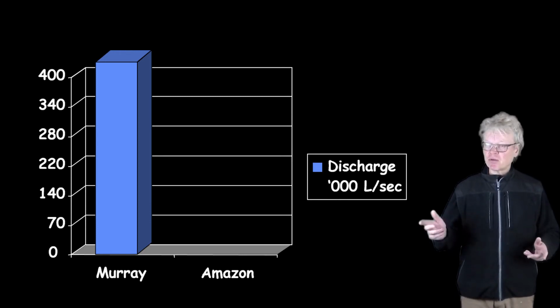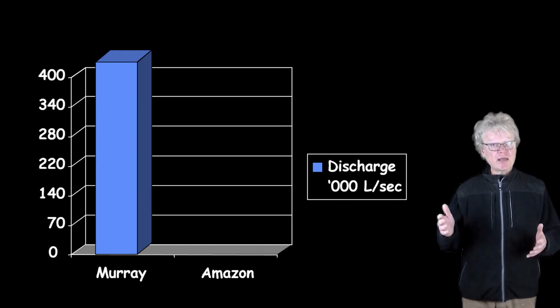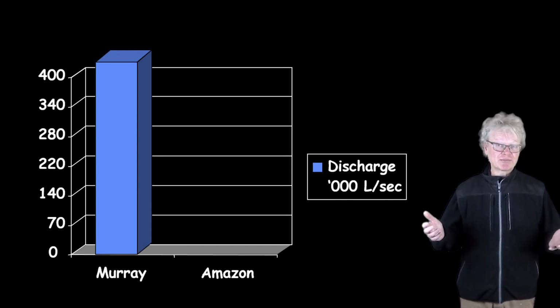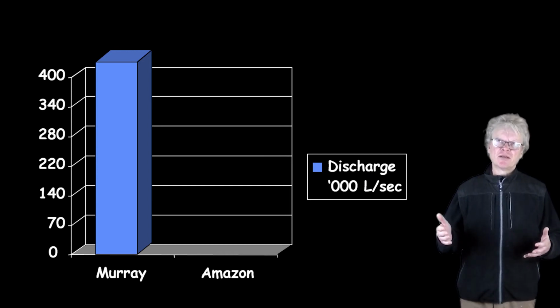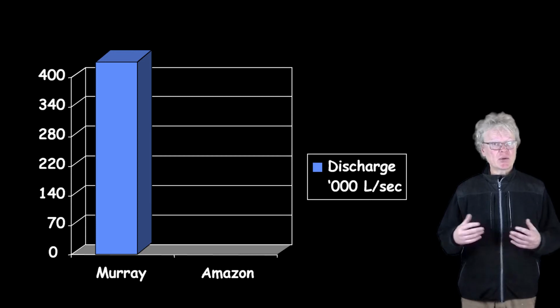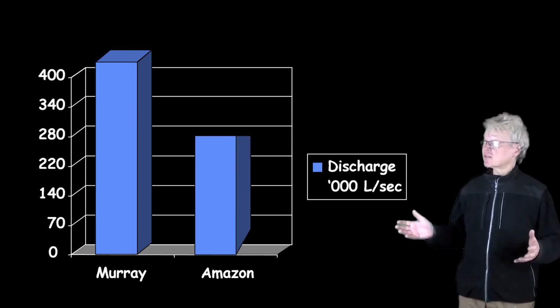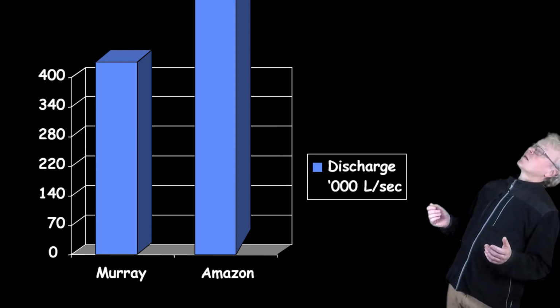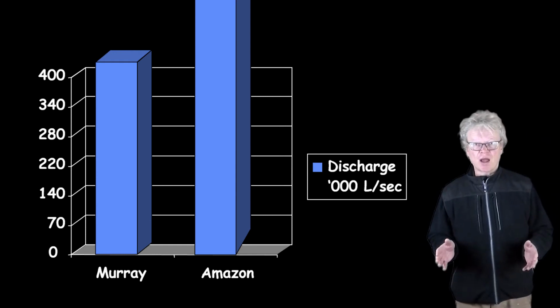Now, if we put next to it the discharge of a river of a similar length, the Amazon, and see what its discharge is, you can see that it appears to have gone off the scale.